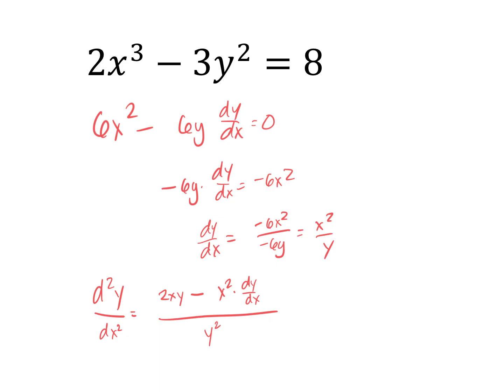What's the problem with doing this? We have a dy/dx in our equation, yeah? And we don't want dy/dx in our equation, so what do you think we should do? We know what dy/dx is, yeah?